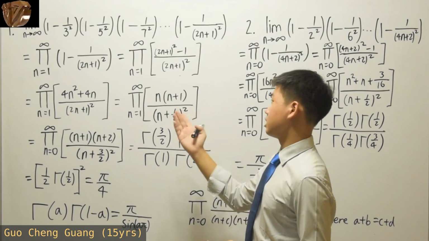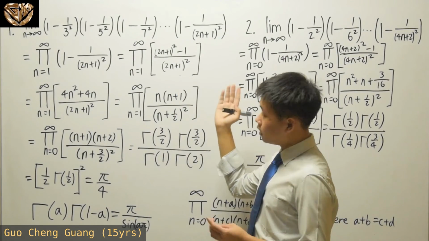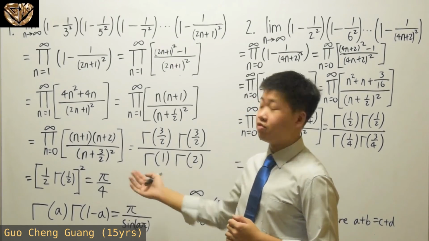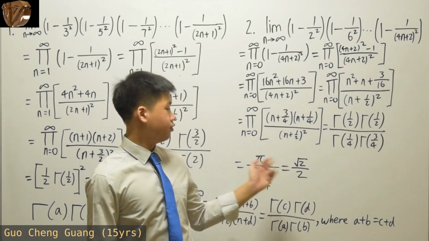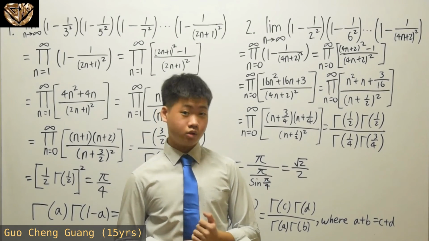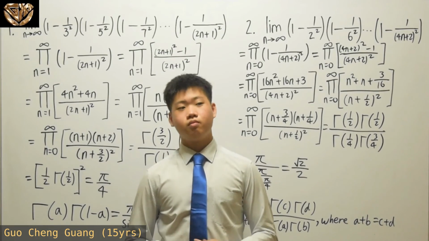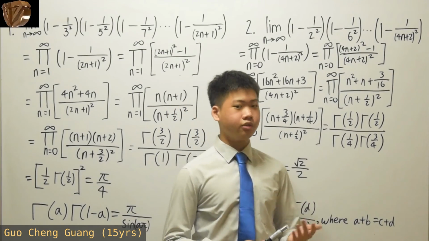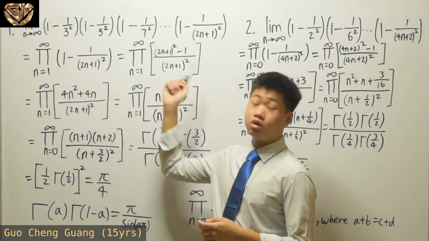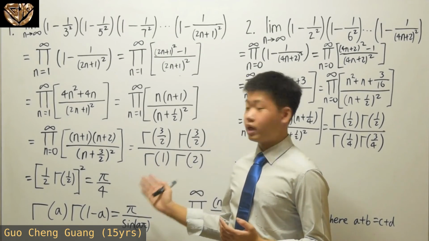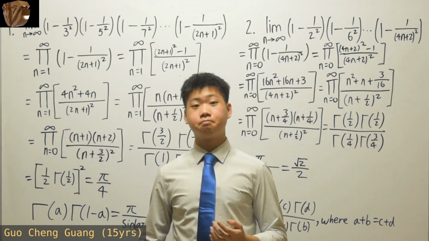Rational numbers can always be expressed as fractions, but what do you realize about the final answer? One of them, you have pi over 4, the other, you have square root 2 over 2, which makes them irrational numbers. Isn't that kind of weird, where you have a lot of rational numbers, you multiply them together, and you get an irrational number?